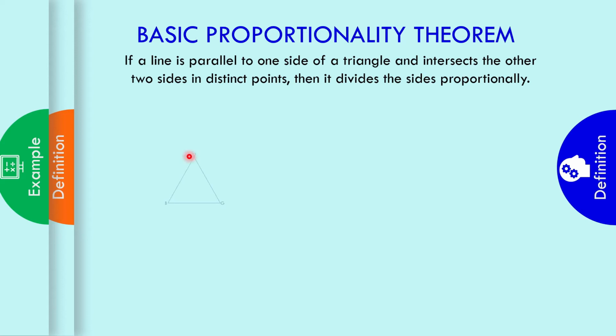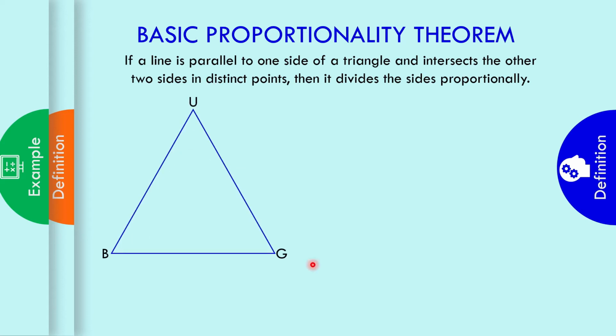So let us draw here a triangle BUG, in which, from the basic proportionality theorem, there is a line that will intersect the other two sides of our triangle. So let us draw line AB here, in which AB intersects side UB and side UG.